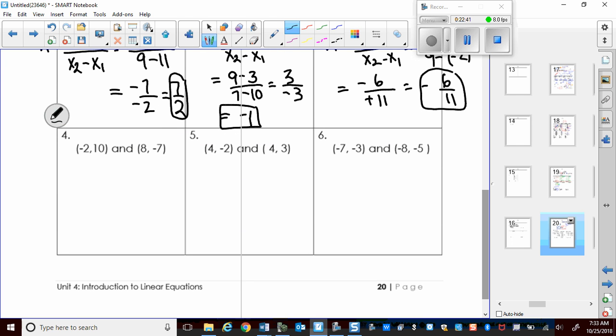Make sure you're doing the following things. Labeling the points. Write the formula so you memorize it. Replace variables.